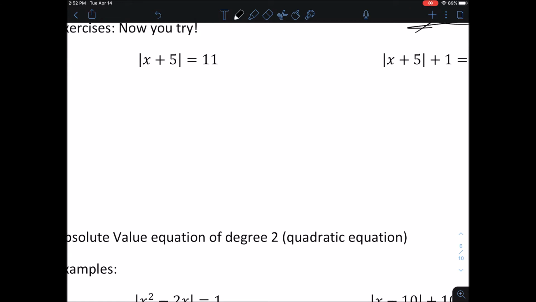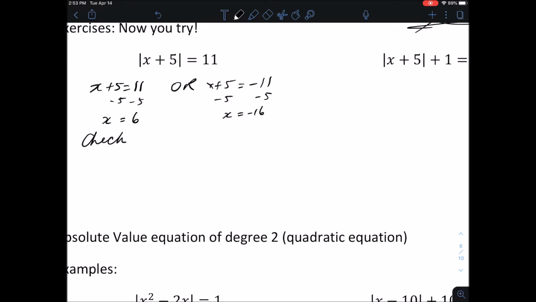Okay, so this one, the absolute value is isolated. So x plus 5 is 11, or x plus 5 is negative 11. On this side, x is 6, and on this side, x is negative 16.